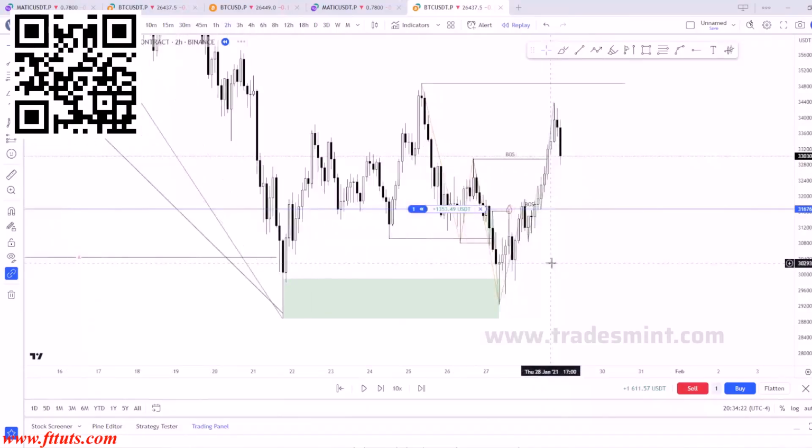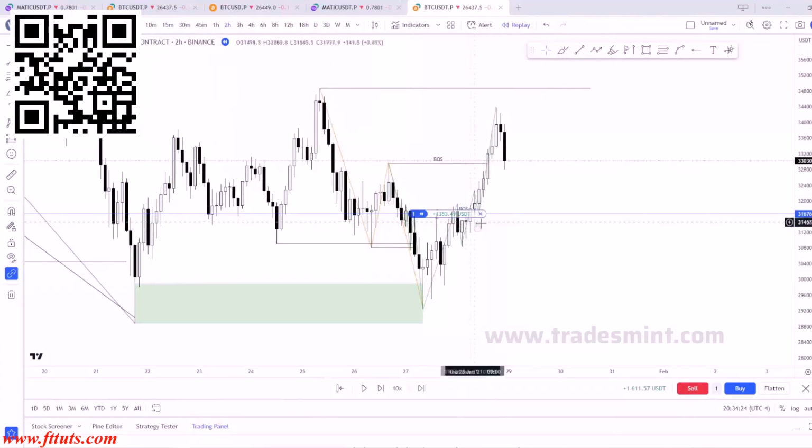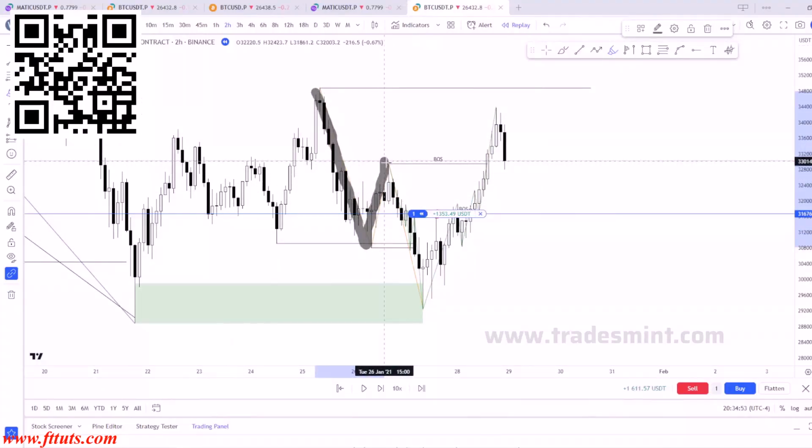But because we have the break on the higher time frame, what that tells me is that this 30-minute pull can now invalidate itself for one reason and one reason only. Can you guess what that reason is? I'll give you guys the answer. The reason why it can invalidate itself now is because continuing on with that orange pull, which I will highlight in black, you had a lower low, a lower high, and a lower low, and now a higher high.